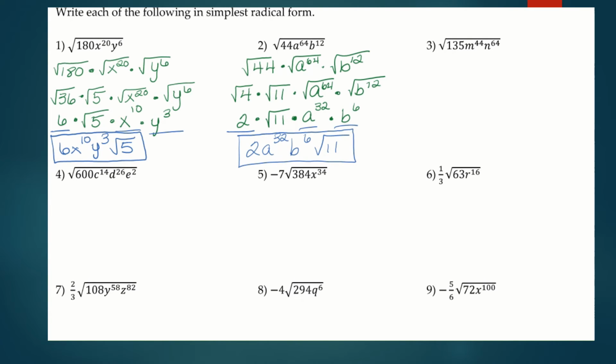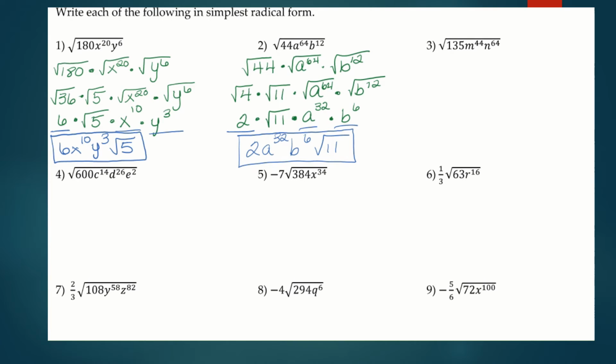Okay, taking a look at number 3. All right, I'm going to start simplifying a little sooner this time around. So looking at the square root of 135, I'm trying to think of what are factors of 135, one of them being a perfect square. I go back up to my list, and as I'm looking at my list, I'm thinking 9 might be the value that works for me here.